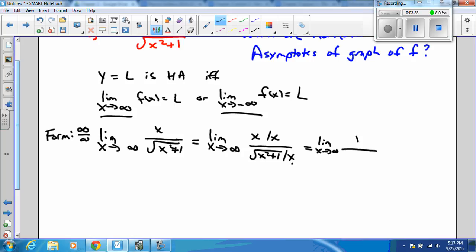To simplify the bottom, I'm going to need to write x as something to the 1/2 power. And because x's are very large positive numbers, therefore I can write x as the square root of x squared.